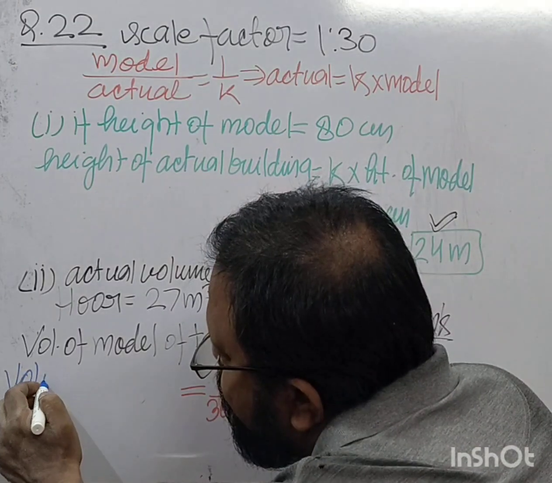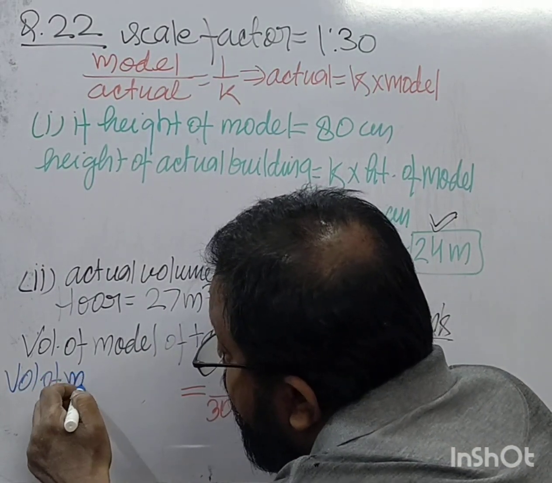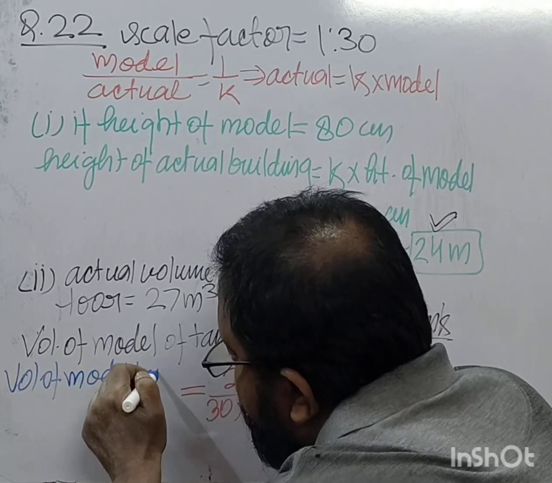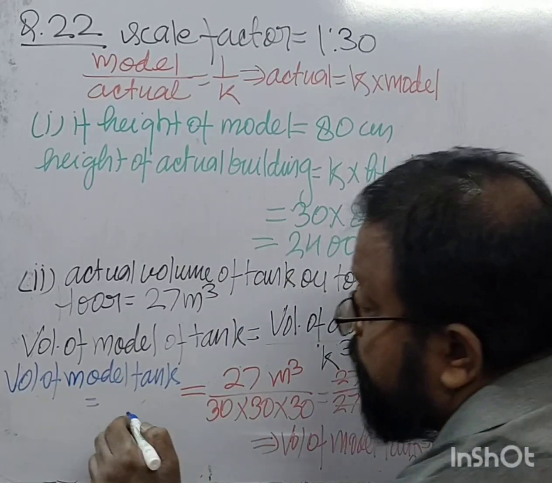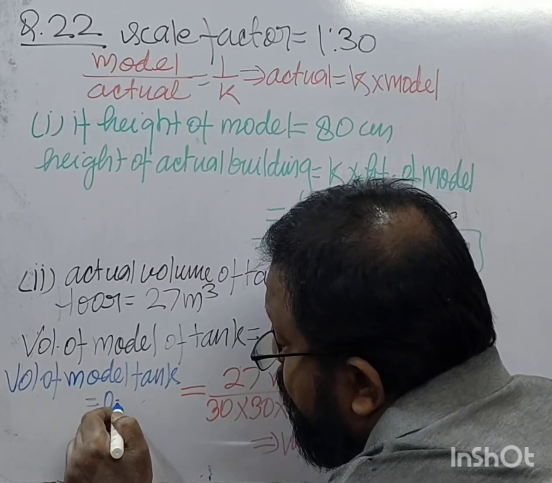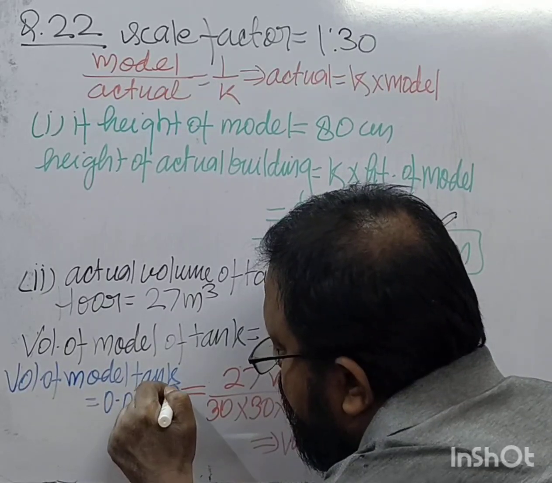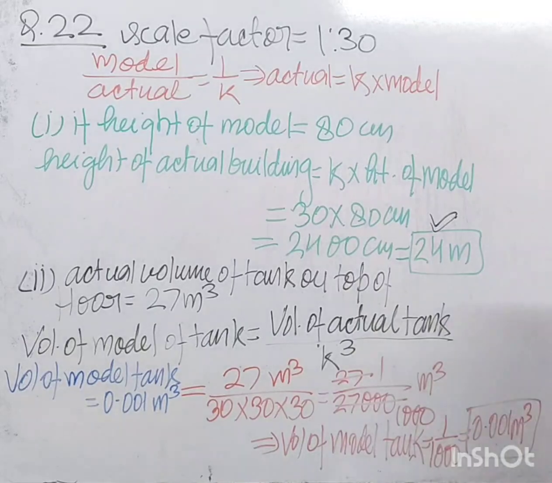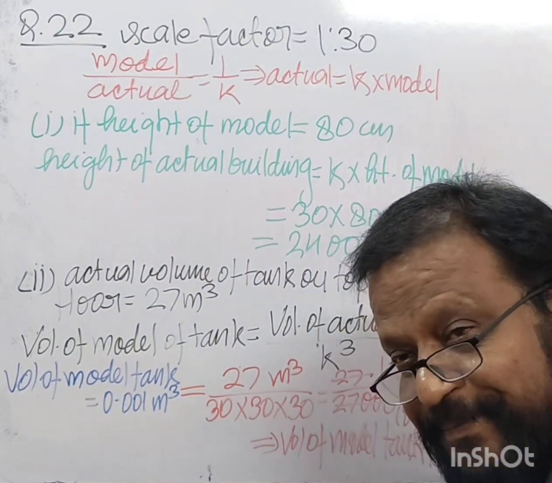Volume of model tank is equal to 0.001 meter cube, right? How will you get it in centimeters? Could you tell me?